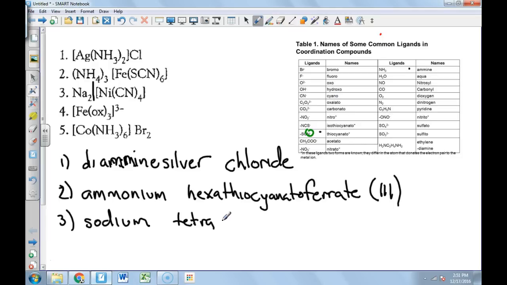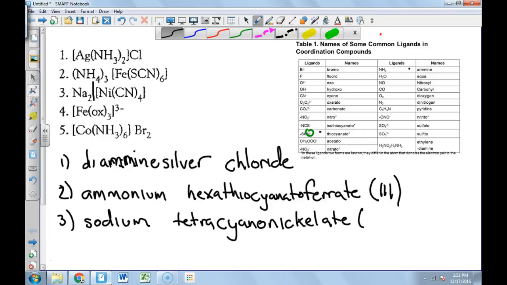Now, tetracyano, okay, cyano, and now we're going to use nickel. The Ni is nickel, so that's tetracyano nickelate, because it's the negative side. This ion is on the negative side, so on the anion side. So because it's on the anion side, we make it nickelate, and now it's a transition metal, so we need its charge in parentheses.